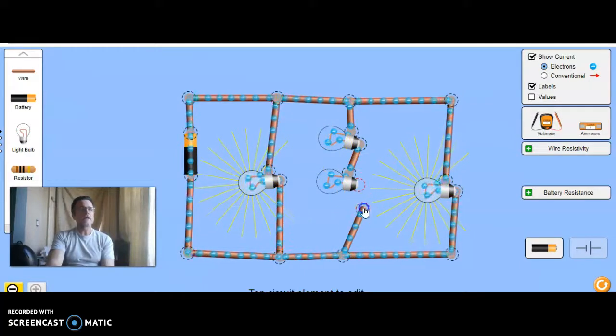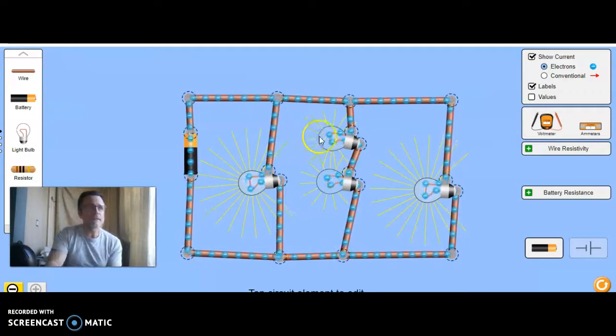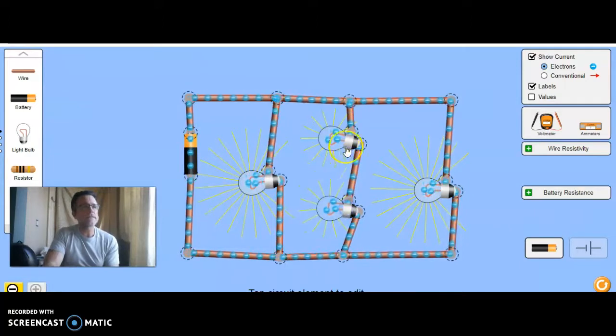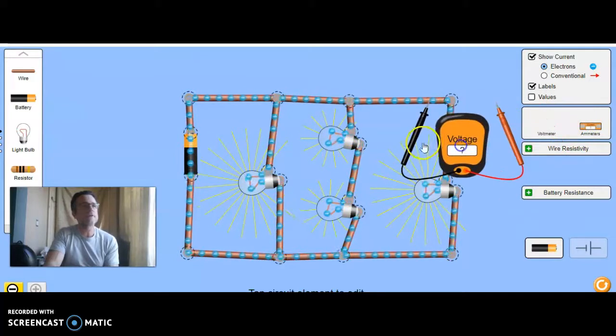Okay, all right, now I'll reconnect this, and I want you to take a look at the brightness of these two. The yellow lines in here for these two in series are nowhere near as bright. Okay, because they're in series, they have to share that 9 volts, and I'll show that to you by doing this.